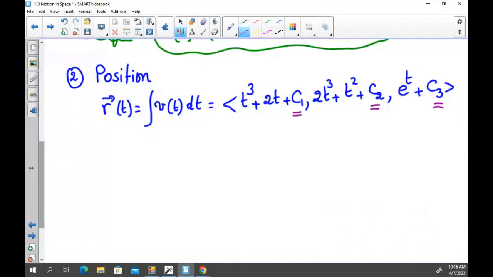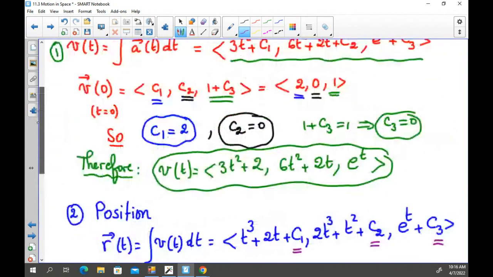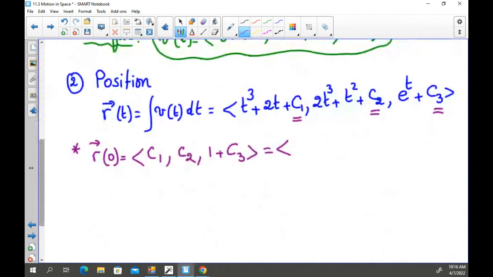So first I substitute, so it's C1, C2, and 1 plus C3, and this is equal to 0, 3, 5.